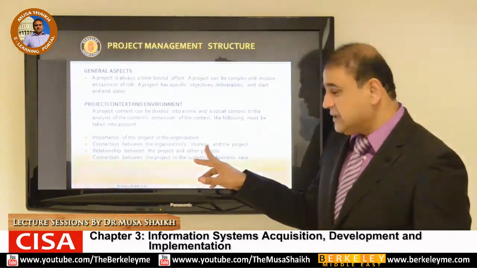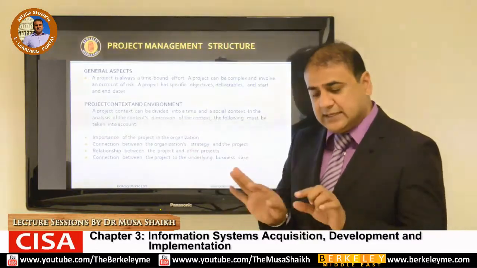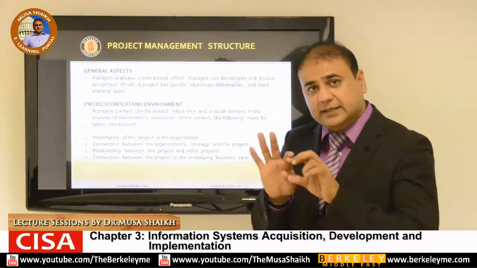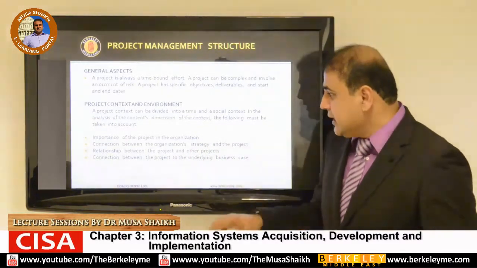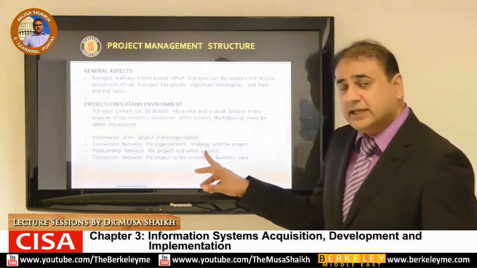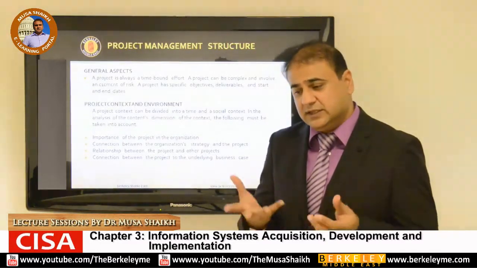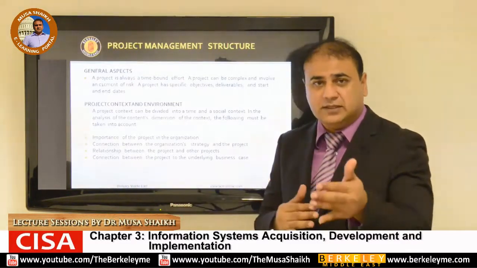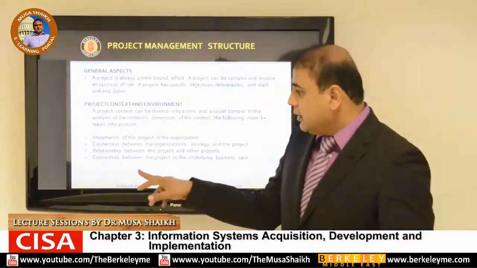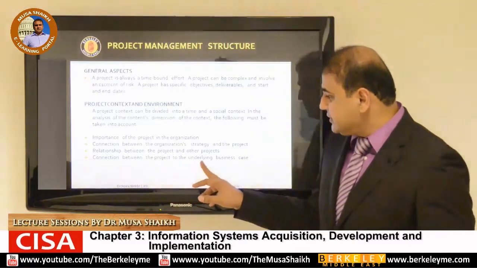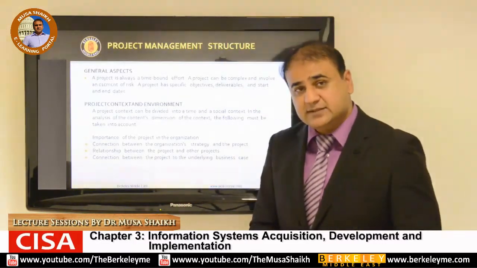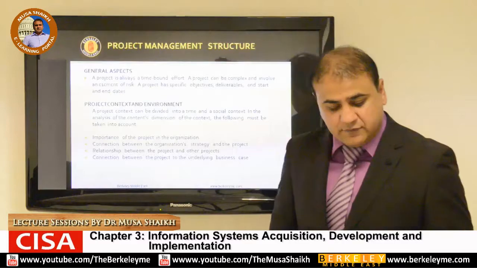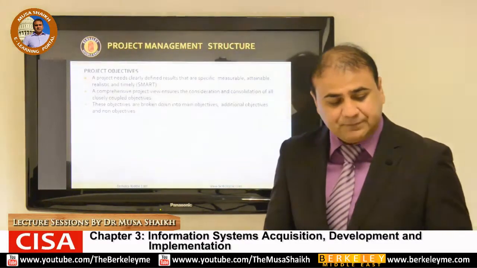The connection between the organization's strategy and the project is harmonized and aligned; there is a strategic alignment. As for the relationship between the project and other projects, we have to see this project's dependency or independence from the other projects. The connection between the project and the underlying business case is also important to consider for project management structuring.